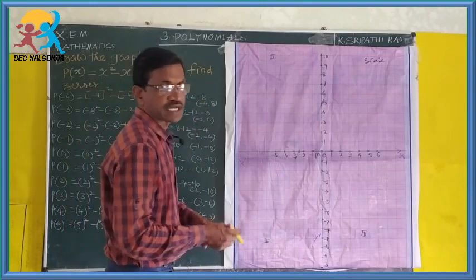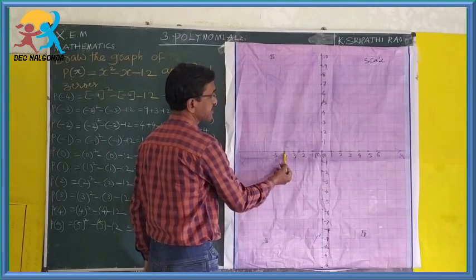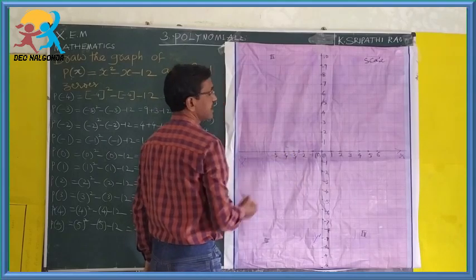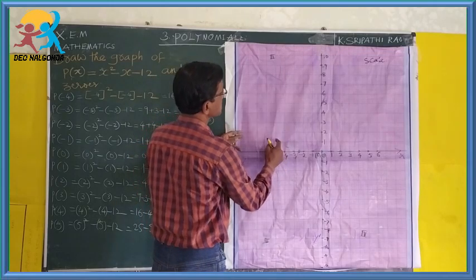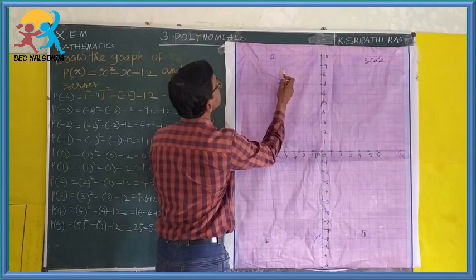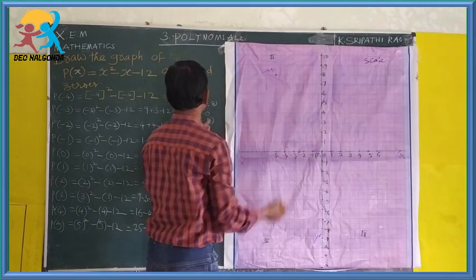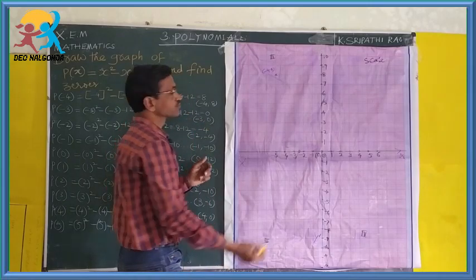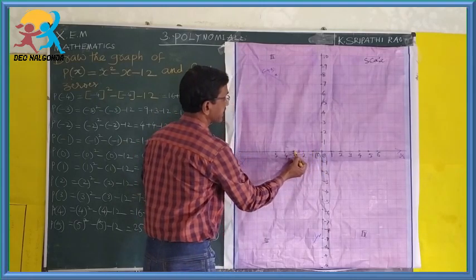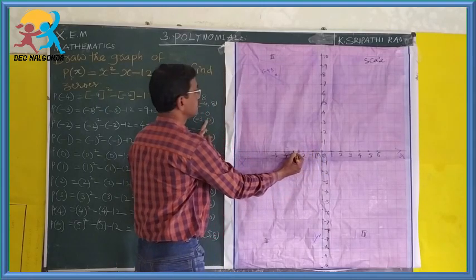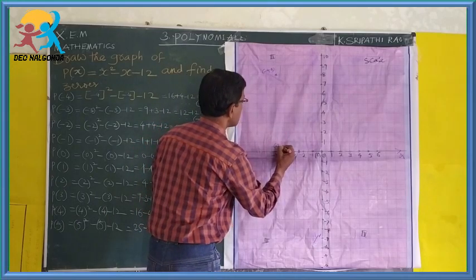Here minus 4 comma 8, how to plot? Minus 4: starting from 0 go back side, 4 units back side, and 8 means plus 8, so go upward up to 8 points, 1 2 3 4 5 6 7 8. So plot the point here, this is called minus 4 comma 8. Now minus 3 comma 0: back side, minus 3 means negative, backward minus 1, minus 2, minus 3, 0 means here only, you should not go upward, this is minus 3 comma 0.